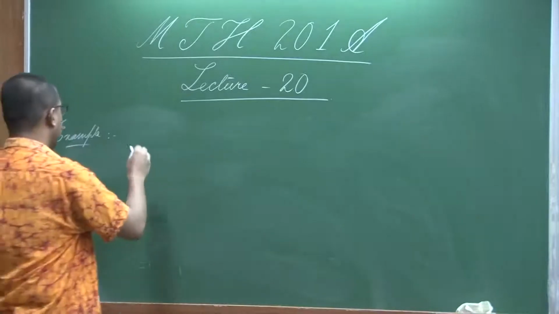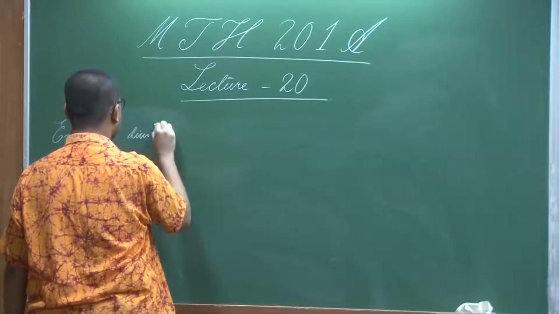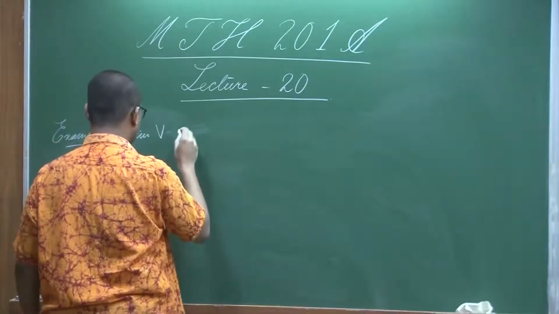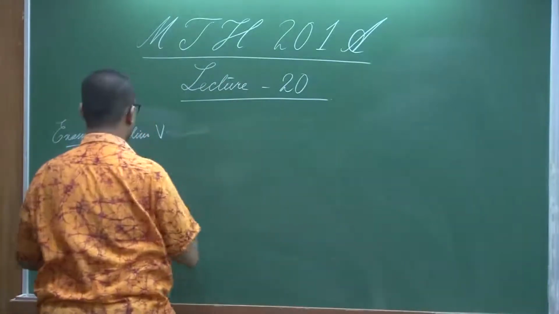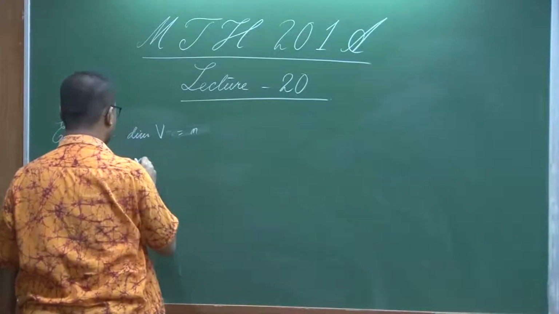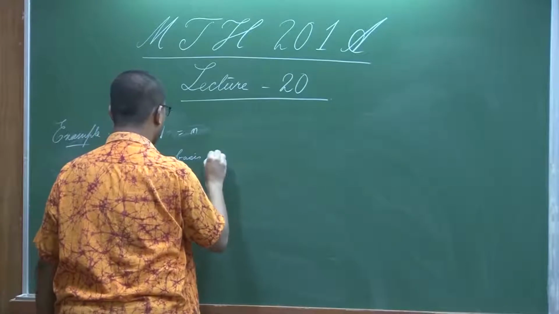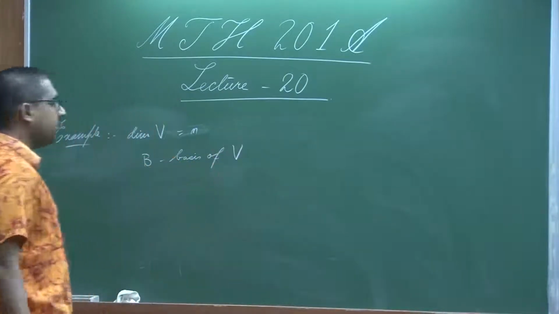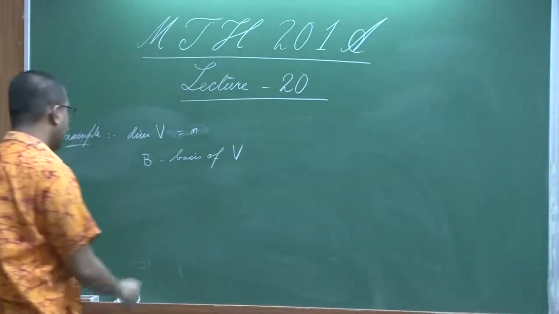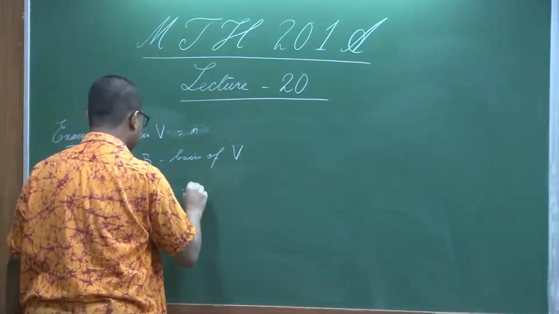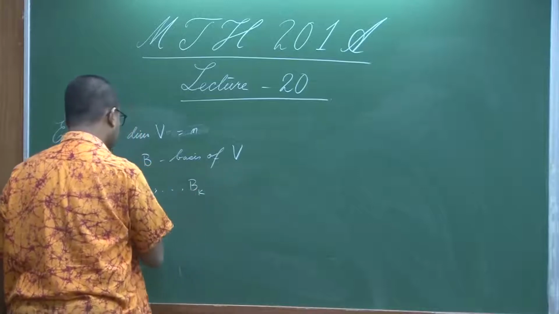So, let V be a finite dimensional vector space. Let the dimension of V be n, and let B be a basis of V. Now, let us consider a partition of the basis into B1, B2, up to Bk.